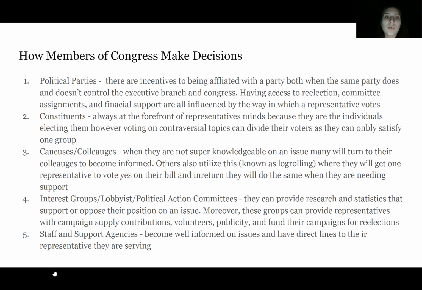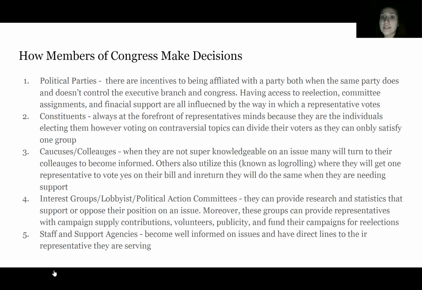Next, we have interest groups, lobbyists, and political action committees. Political action committees are also known as PACs, so keep that in mind. They can provide research and statistics to support or oppose positions on an issue. Moreover, these groups can provide representatives with direct supplies, whether that be pins or buttons or whatnot to get their name heard.